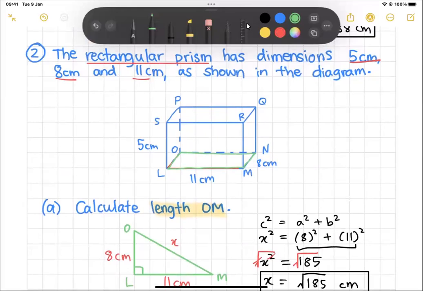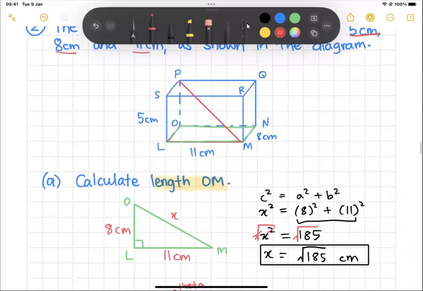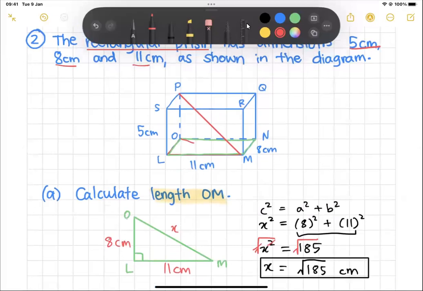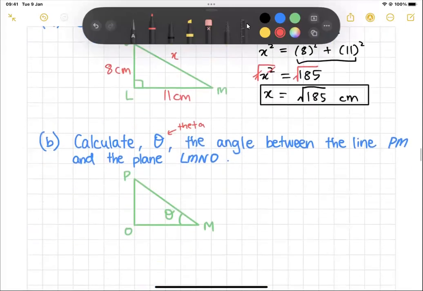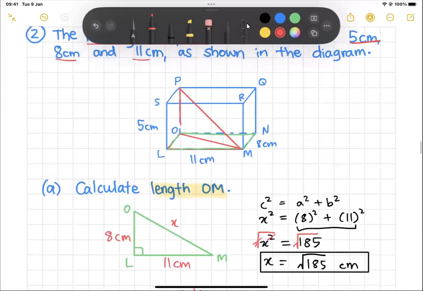PM is right here. So that's PM. And the plane, therefore, it's this one right here. That's what it means, the line between PM and the plane. So I need to find the angle.